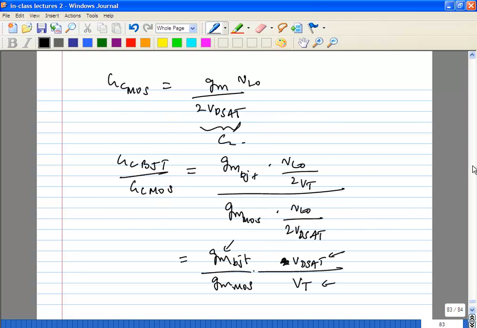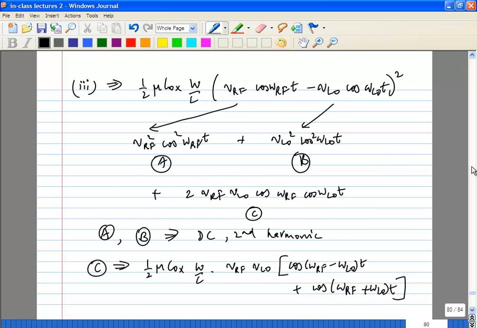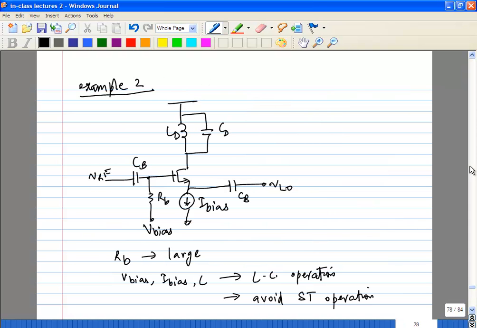Actually no, because remember that we defined a 2-port as output being some function of Vin. So the Vin is actually between these 2 ports. It's the gate-source of the transistor, which is your input port.